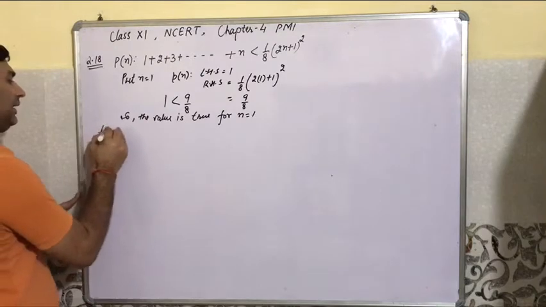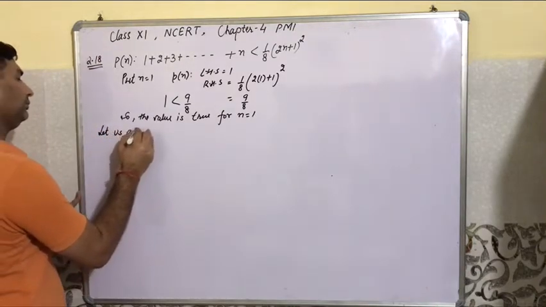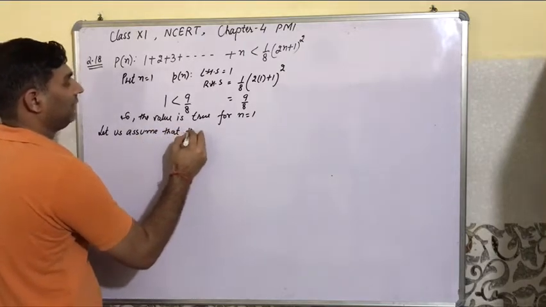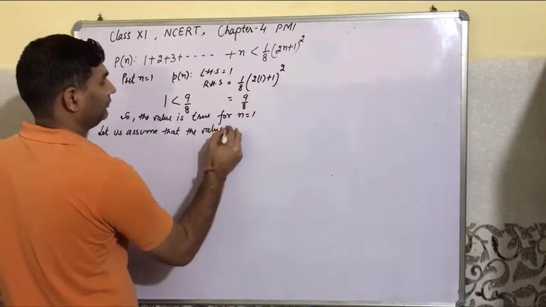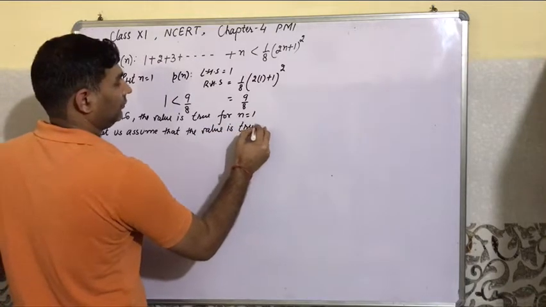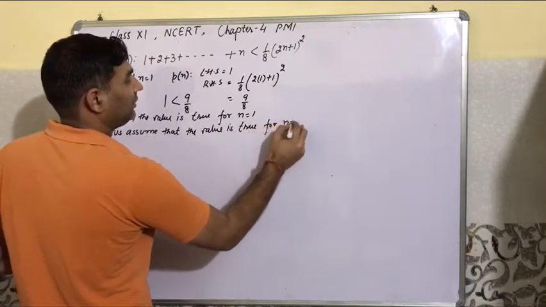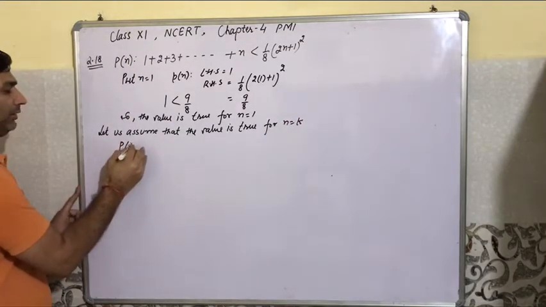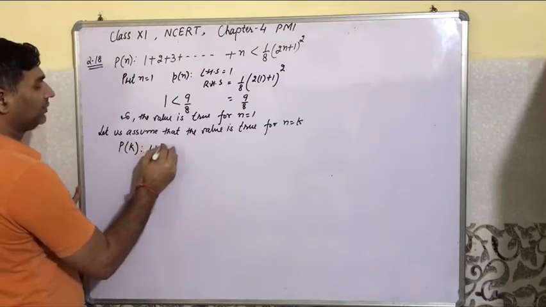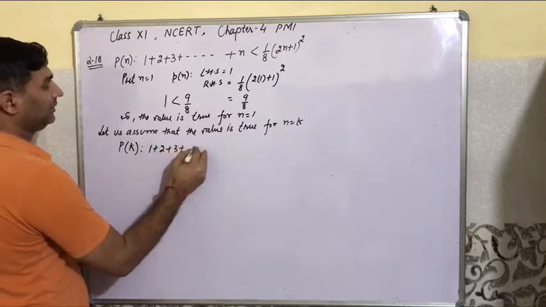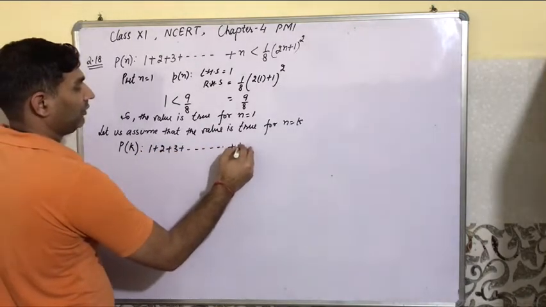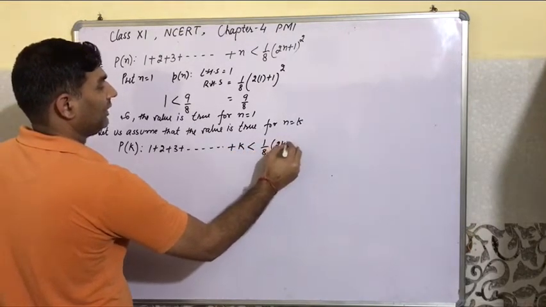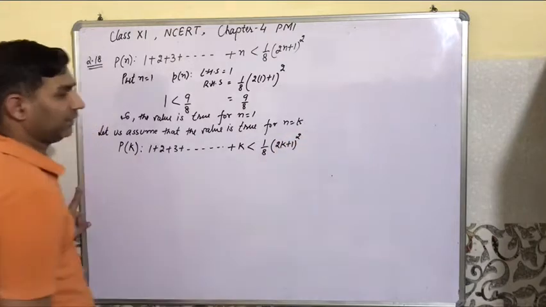Let us assume that the value is true for n is equal to k. Then P of k: 1 plus 2 plus 3 and so on up to k is less than 1 by 8 (2k plus 1) whole square.